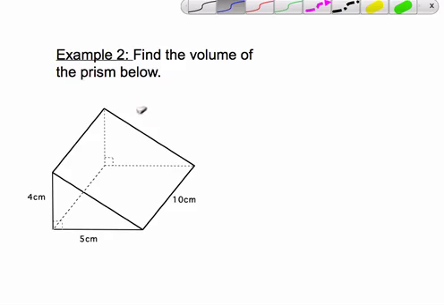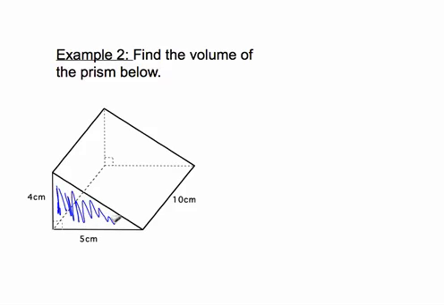This one is called a triangular prism. If you look at this triangle here, we'll call that the base because there's a congruent triangle on the other side and they're parallel to each other. We can't take the base to be one of the rectangles because none of the rectangles have a congruent rectangle parallel to it. So this is the base.